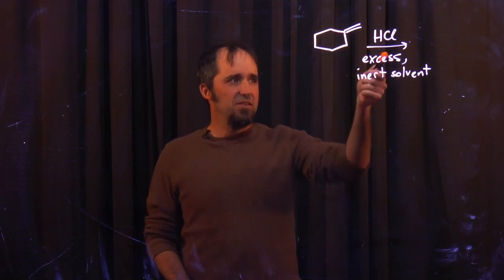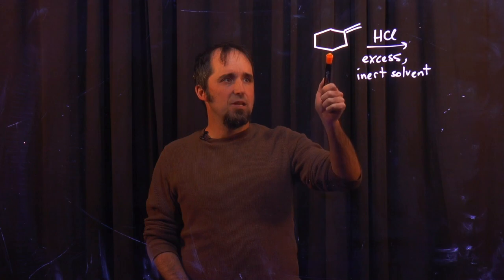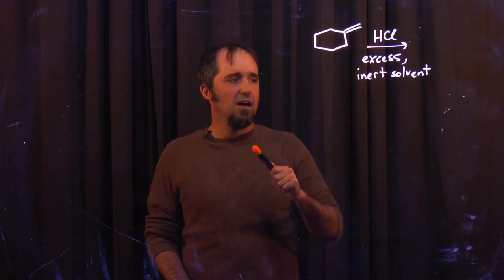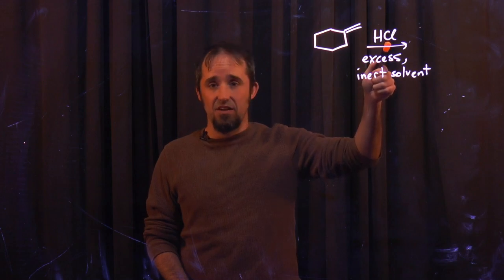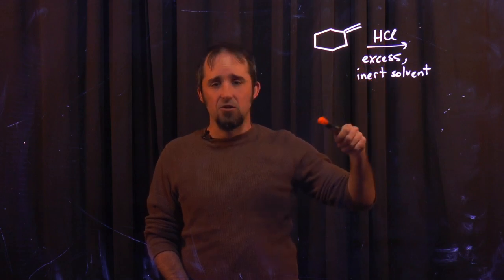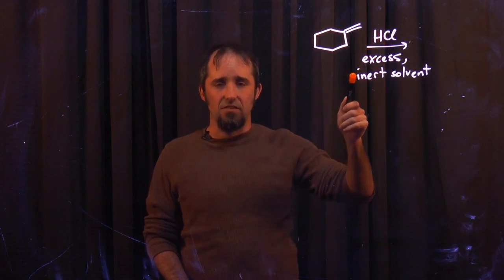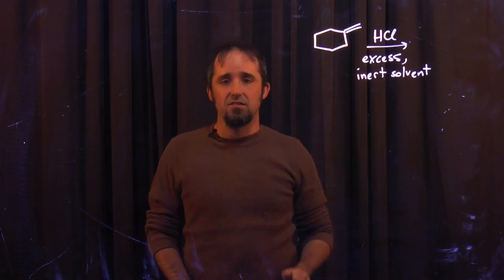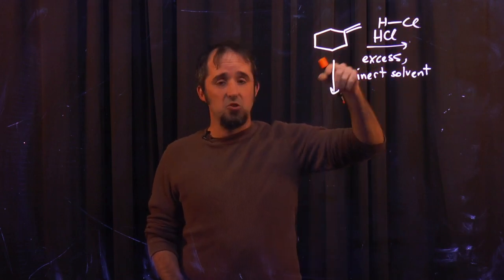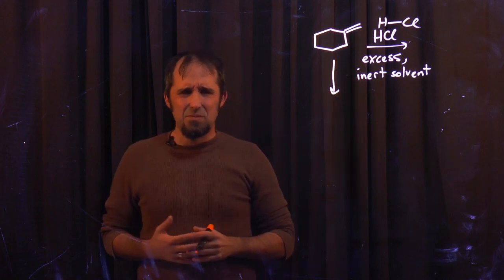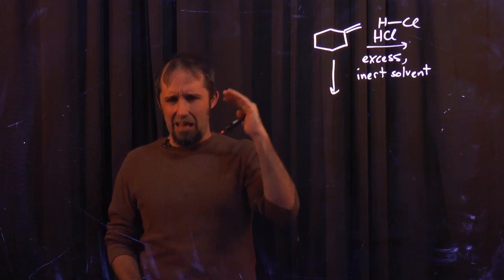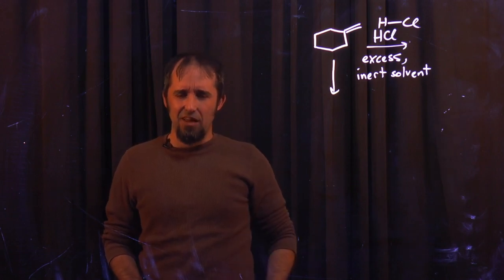So basically this is asking, when I treat this alkene with HCl and I have an excess, which means I have way more HCl than I need, and I have some inert solvent, so I'm not going to worry about solvent reacting, what product will I get? I'm going to think about this thing reacting just like I had the butene before. Again, chemistry is not a sense of memorizing every single molecule that could react.